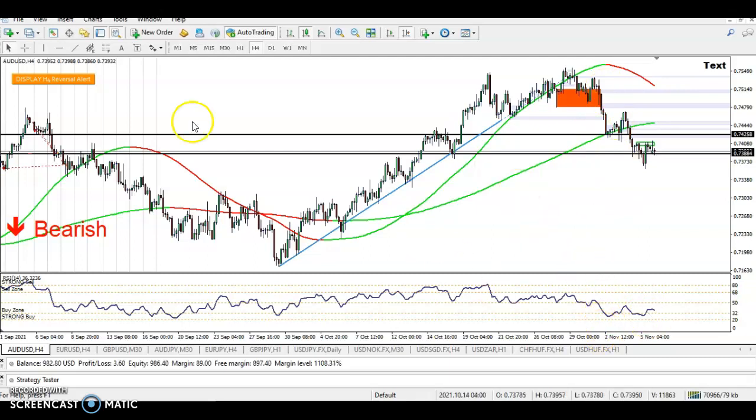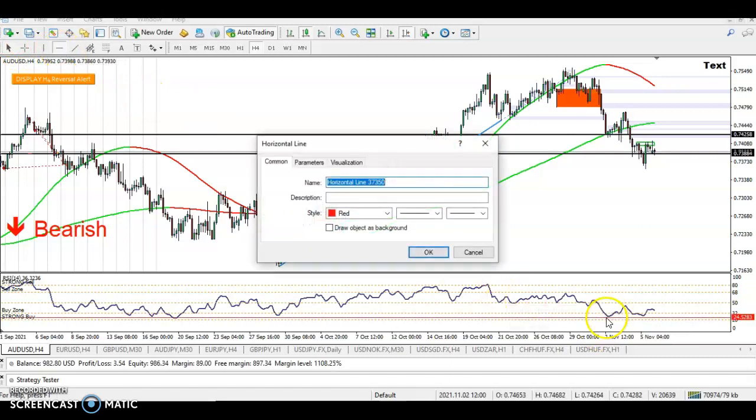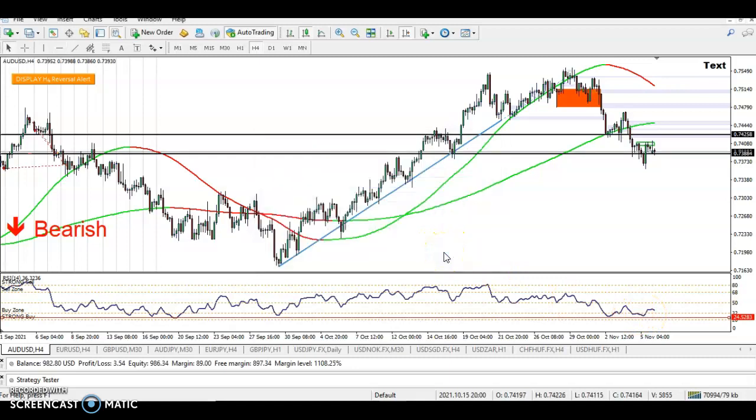Well, if we put a line there, we can see. Yeah, that's divergence. We've got a lower low and then a higher low. So that's divergence. But one way or another, we're coming back to this previous section right here and moving from there.